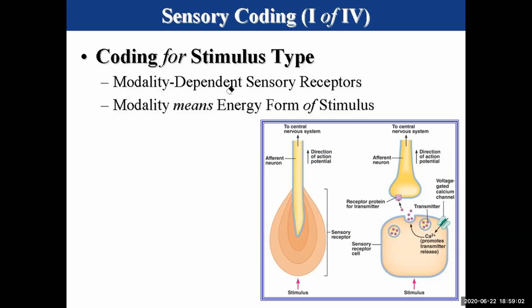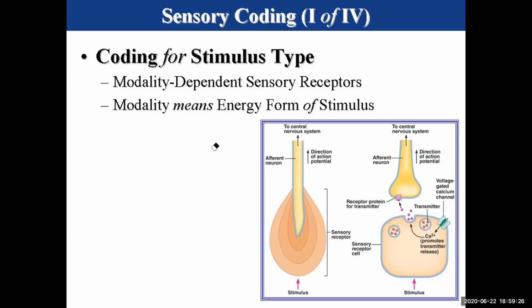A modality-dependent sensory receptor allows the brain to perceive different types of stimulus. Whether it's pressure, it is detected by the Pacinian corpuscle. Whether it's a chemical from food, then it's coming from a taste receptor in your mouth. So modality-dependent sensory receptor. And modality here means energy, a form of stimulus, or the type of stimulus.